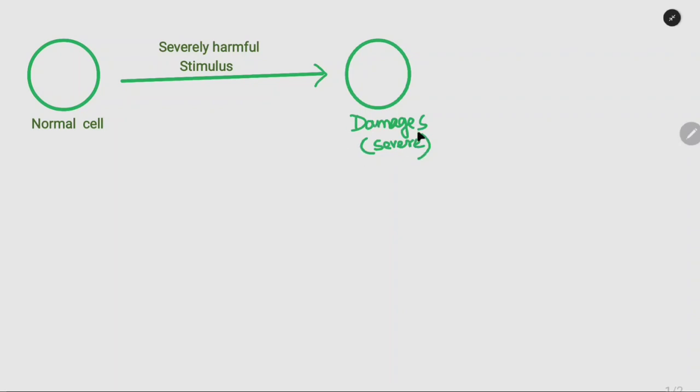Because the damages are very severe, the cell cannot repair this damage itself, and so the cell cannot convert into a normal cell. These damages will cause some irreversible changes within the cell. These irreversible changes will cause cell death, and this cell death is called necrosis.